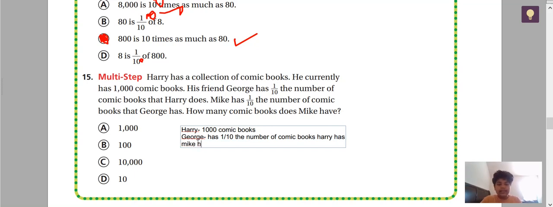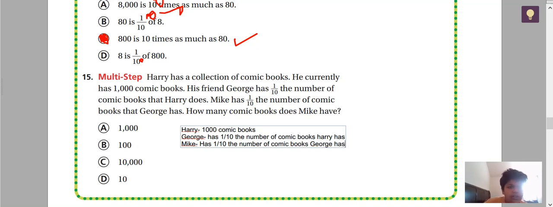And Mike has 1/10 the number of books George has.